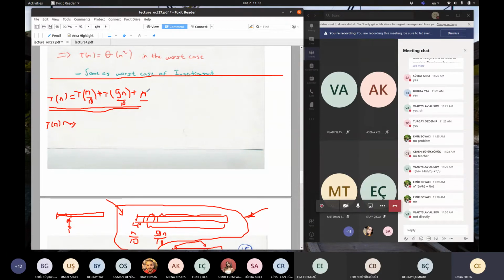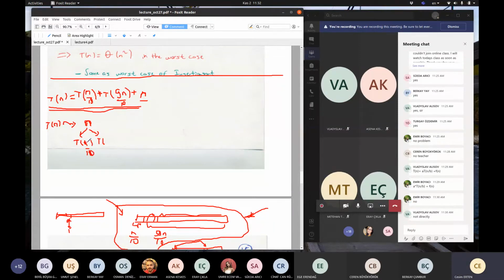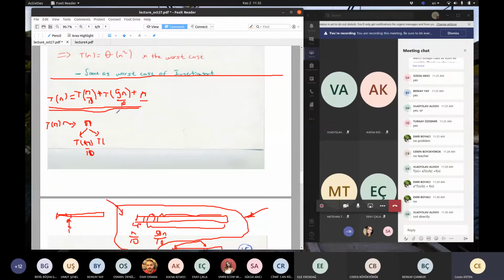Since n is already in open form, we write down n, and as the left child, we represent T of n divided by 10, and the second term, T of 9n divided by 10.